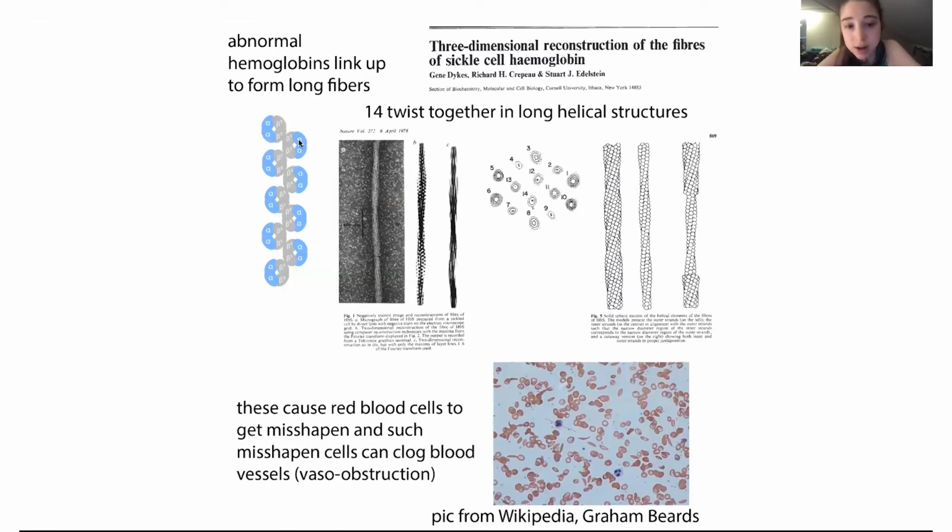This causes it to link up into these long aggregates and cause problems. So with sickle cell disease, we're seeing a single letter swap from a hydrophilic to a hydrophobic residue, and it causes these problems.